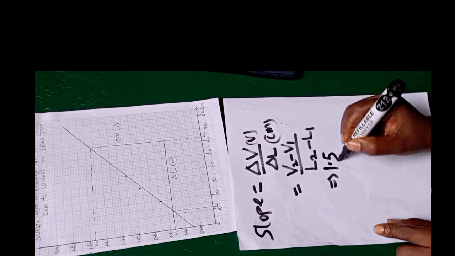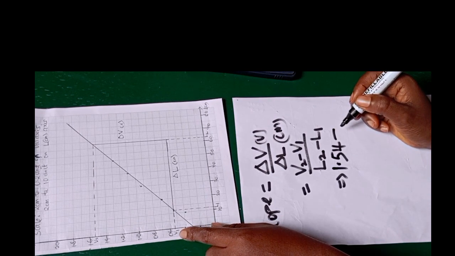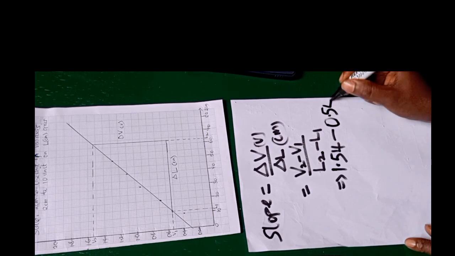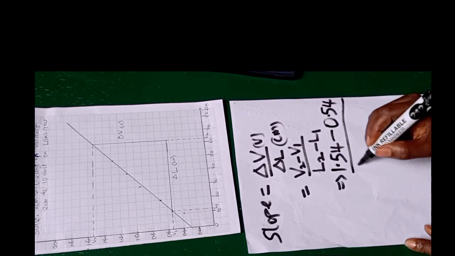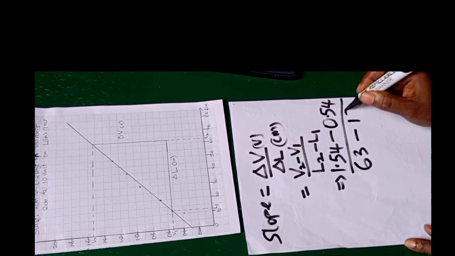I have 1.54 minus 0.54, divided by 63 minus 12.